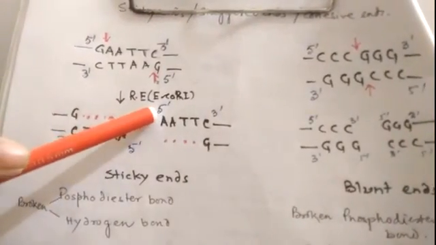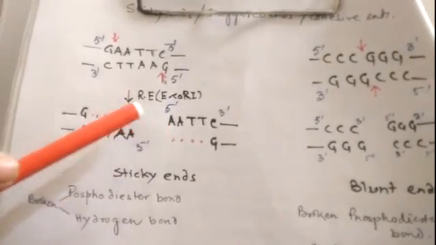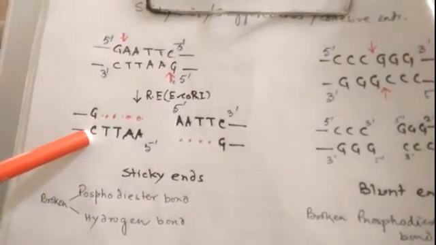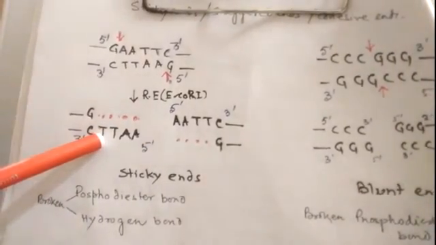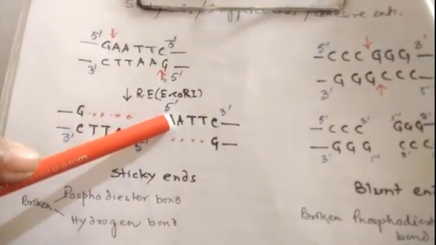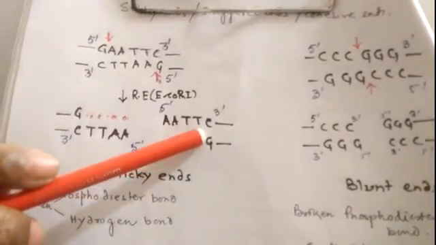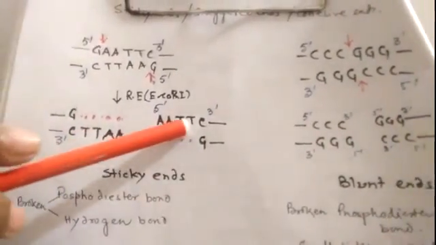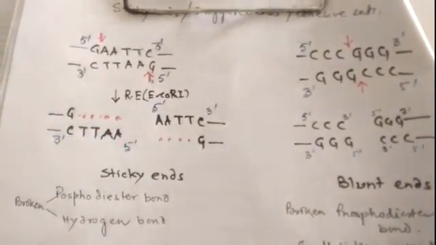Here A is at the 5' end. Clear? And here T is at the 3' end. So it may easily form the complementary base pairs. Clear? By forming hydrogen bonds, they can join.